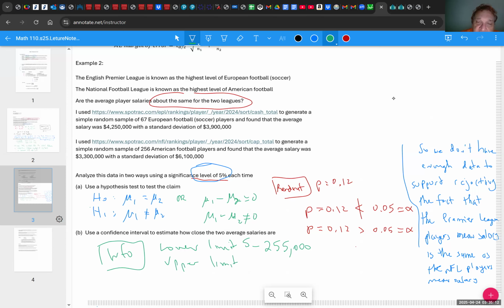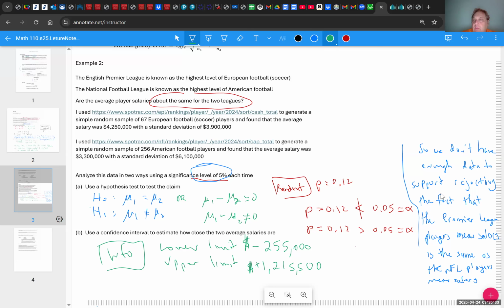I'll put a dollar sign here. Positive, I think it was like 155, something like that. I may not have the exact numbers, but it's pretty close to that, right? I'll put a little plus sign here. One's negative, one's positive.